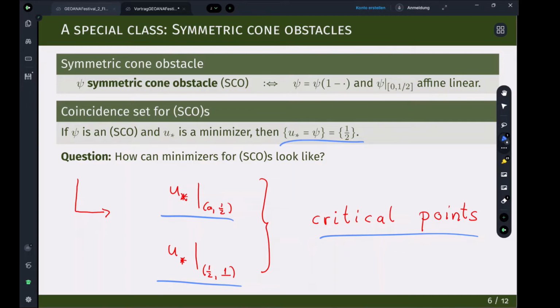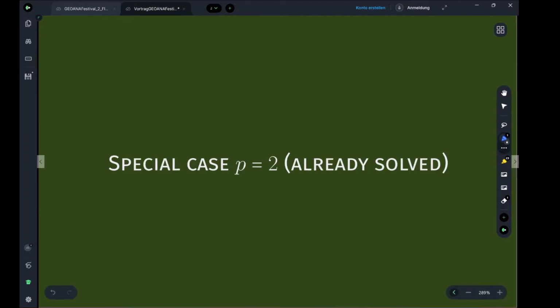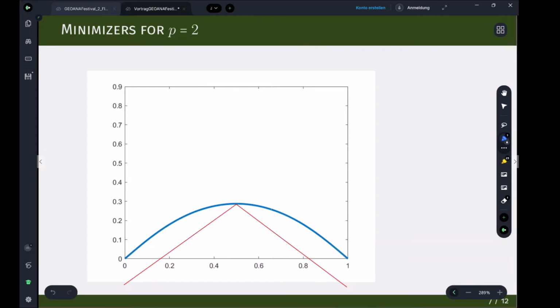This is basically a complete description of possible minimizers, and this is great since one can then say whether minimizers exist or not. Okay, so in the special case of p equals 2, this existence problem for minimizers has already been solved, and I can show you the minimizers now.